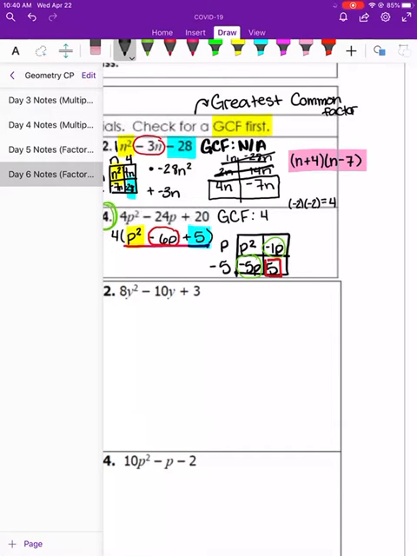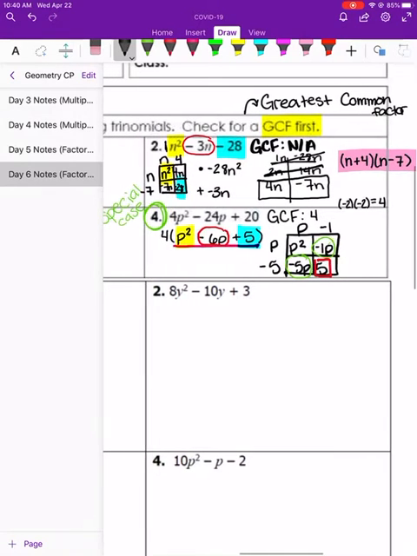For my first column, p squared and p, take out that p. Then for my second one, I again have that negative 1 and a positive 5. You guys wouldn't think to take it out, but since this is a special case, we have to take out that negative 1.